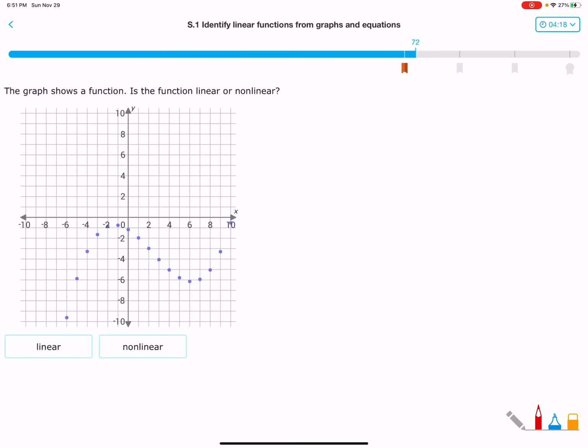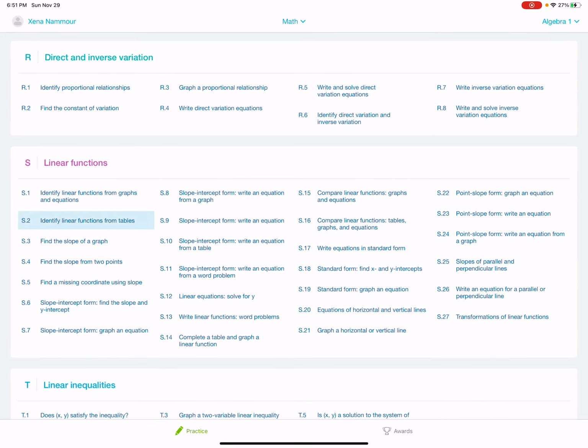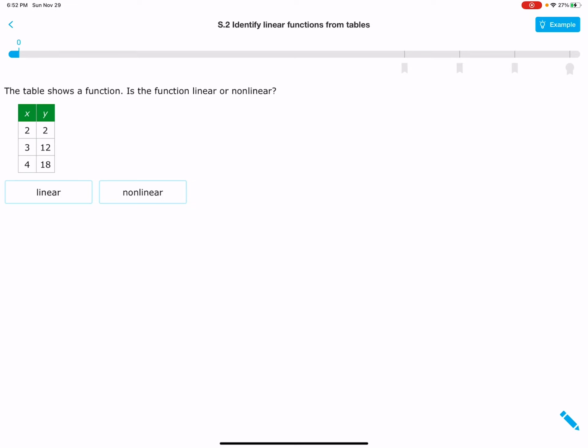So now we move on to identify linear functions in tables. The way that we know a linear function is linear is if it has a constant rate. So if we're looking at our x's, it goes 2, 3, 4.